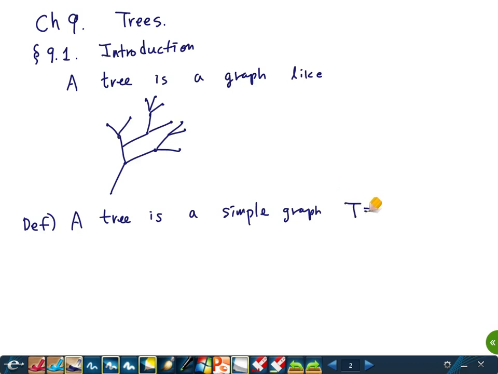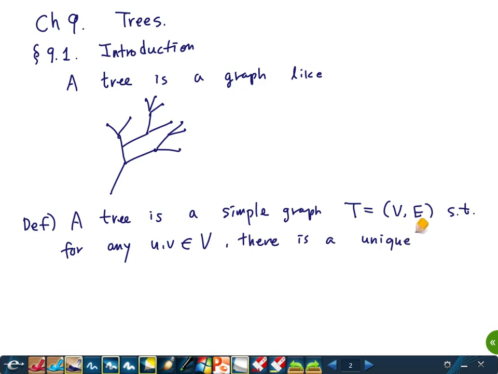Let's say T = (V, E), such that for any u and v in our vertex set V, there is a unique simple path from u to v. What does that mean? The simple path means it's a path that has no repeated vertices.